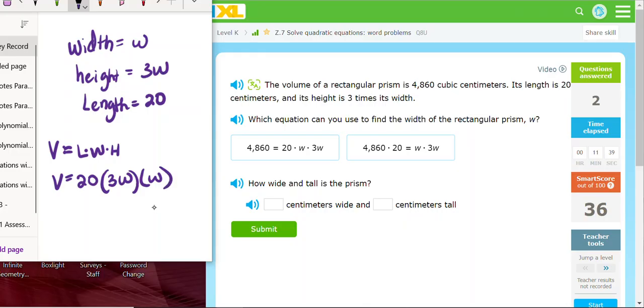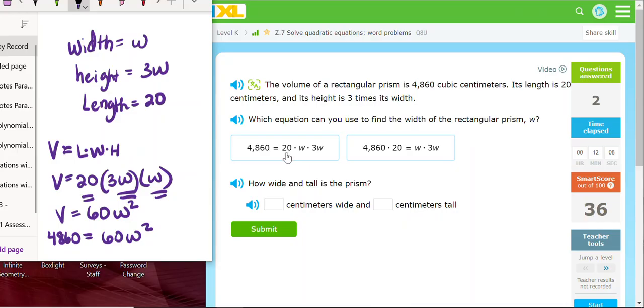Y'all ready? What's 20 times 3? 60. And what is W times W? W squared. And we need this volume to be what they said? 4,860. So 4,860 equals 60W squared. They didn't even multiply them. They left them separate, see? 20W and 3W.